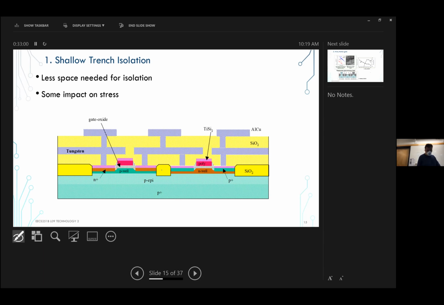Well, since it has different thermal expansion coefficients, this thing may be bulging. So if it starts bulging into silicon, it will exert enormous pressure.